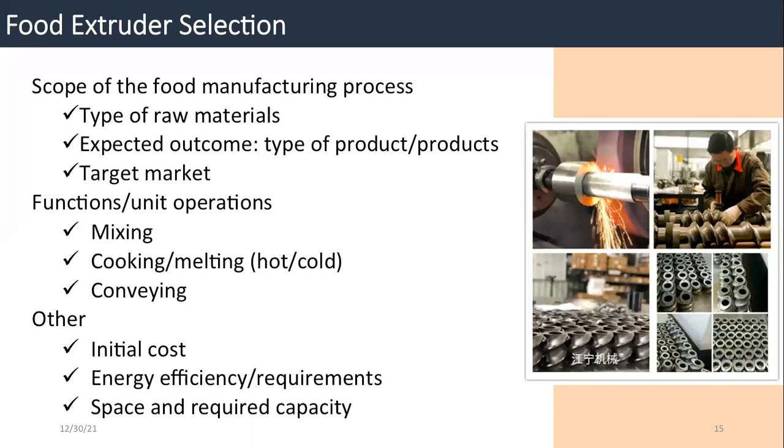Then functions, so unit operations. We have discussed there are so many unit operations inside the extruder. So what types of unit operations do we need? Sometimes the cooking part is essential, right? Just imagine our product is a ready-to-cook one, such as soya meat.